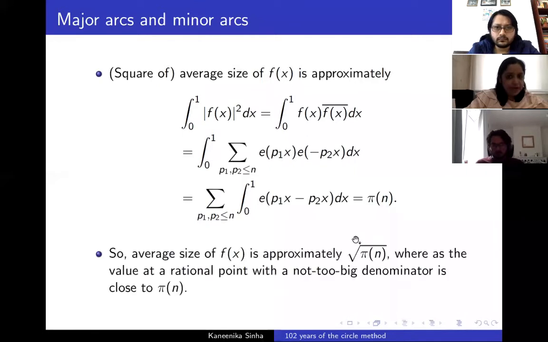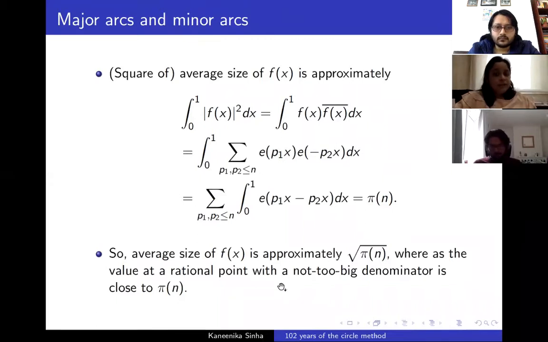So what do we have? Of course, like I said, I'm writing it in a very easy way. All this has to be formulated very clearly and very precisely, which makes the treatment technical. So the average size of f of x is approximately the square root of pi of n. Whereas from what we did before, we have seen that the value at a rational point where the denominator is not very big is somewhat close to pi of n.